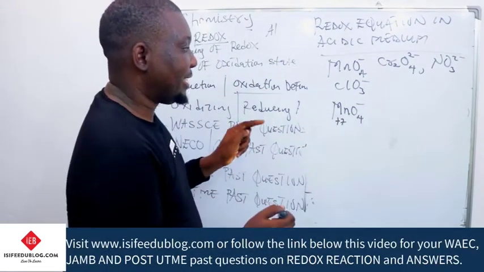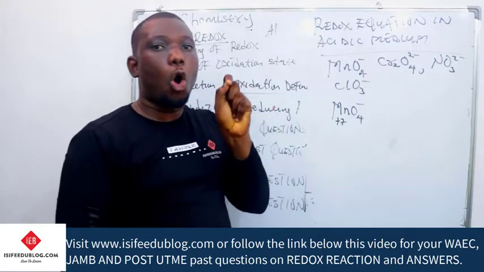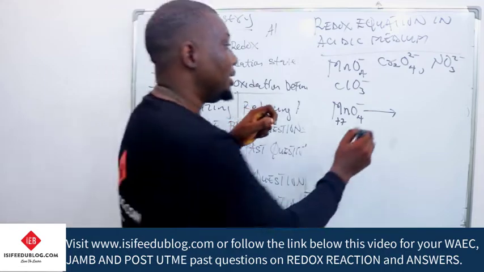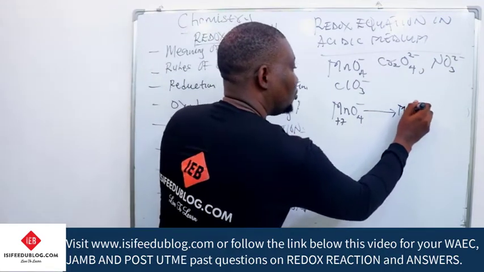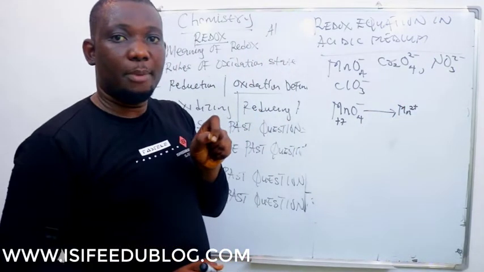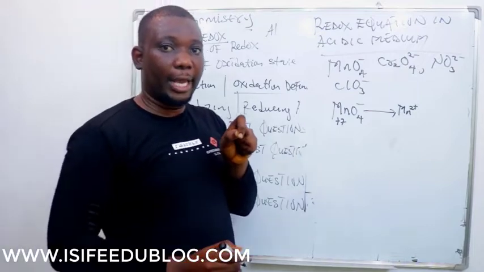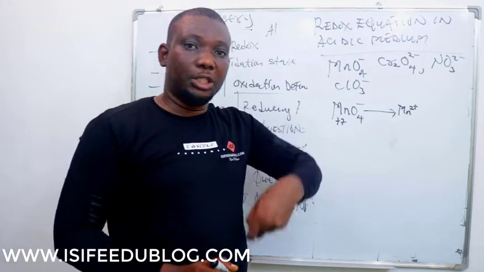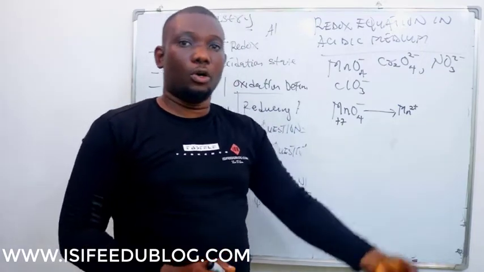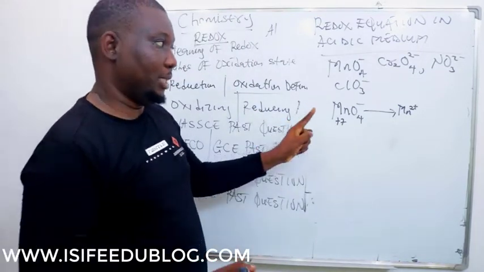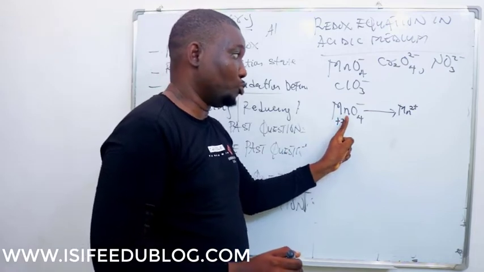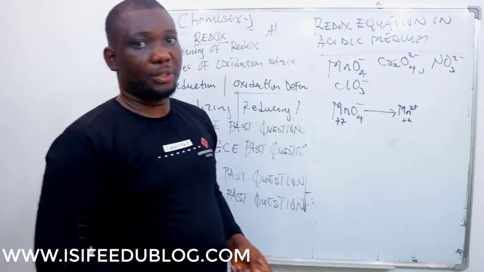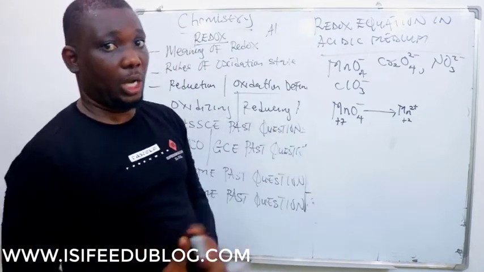Then you should know that the most stable oxidation state of manganese, since it has variable oxidation numbers, is Mn2+. I'm going to do this video on metals, so you know how metals reduce to their stable oxidation number. This manganese has changed from +7 to +2. That is reduction, the loss of oxygen.